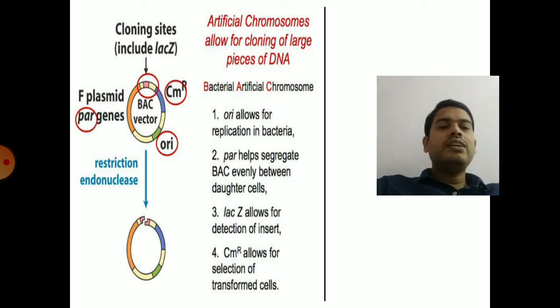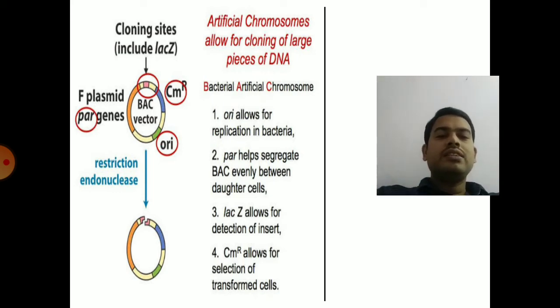Those are the bacteria which contain your foreign DNA. The BAC also contains a chloramphenicol resistance gene, CMR, which is used for identification between transformed and non-transformed cells.